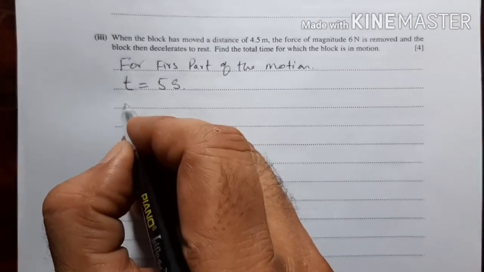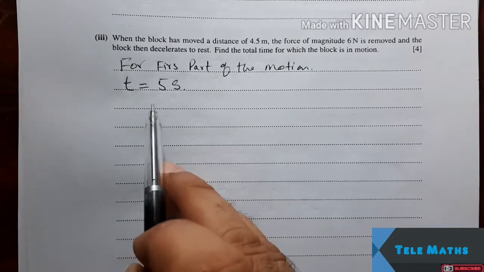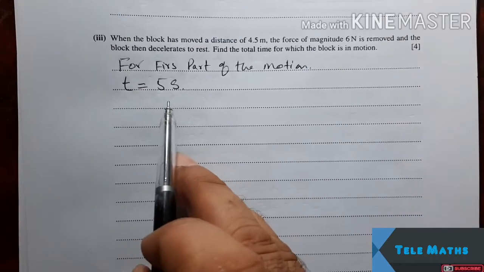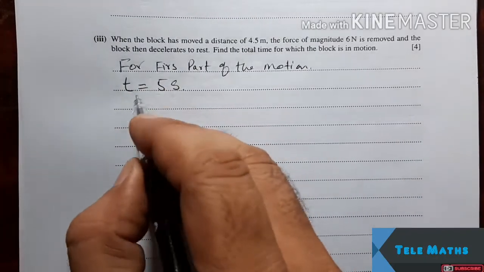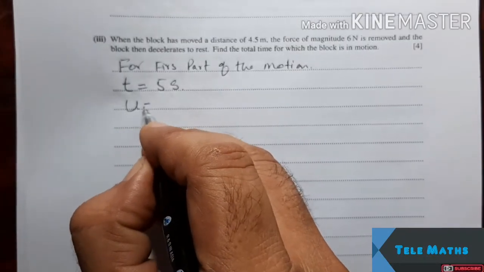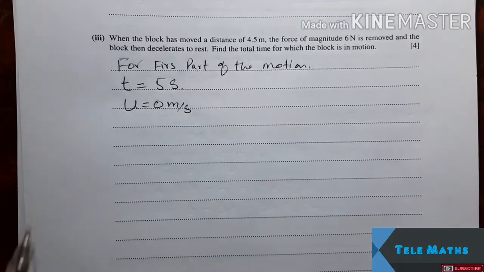We also want to find the final speed of the particle at the end of the first part of the motion. For this we know u is equal to 0 meters per second because the particle started from rest.